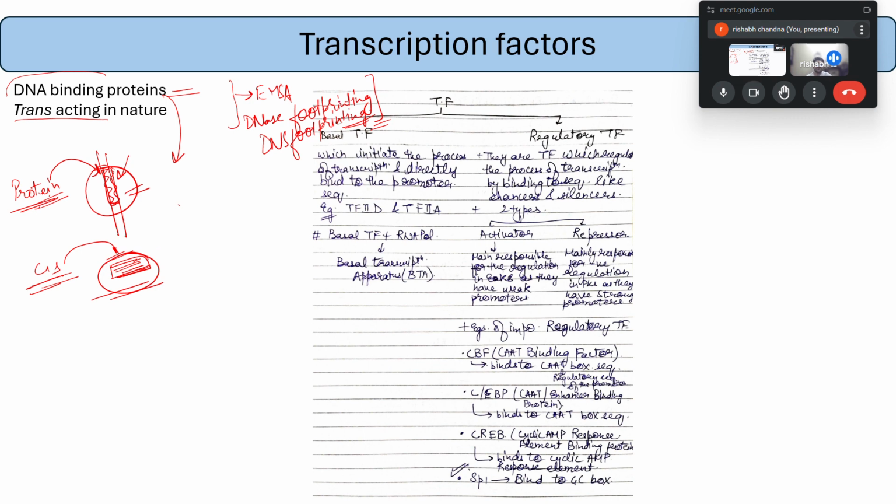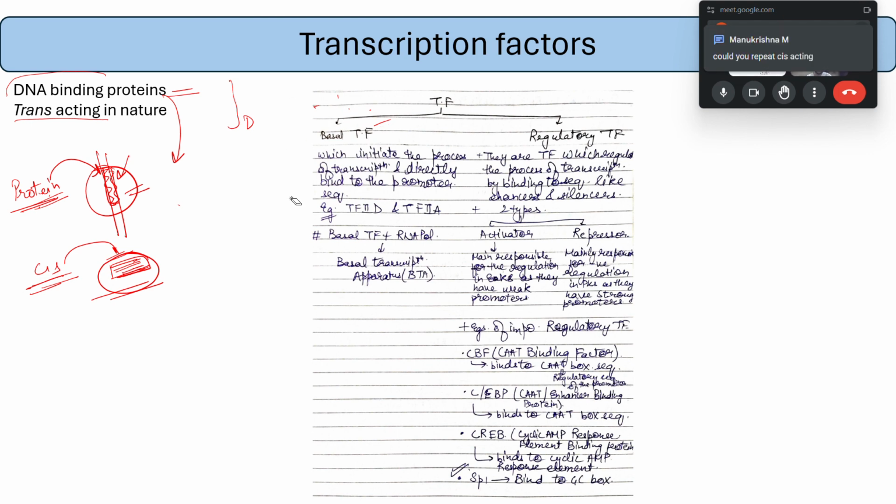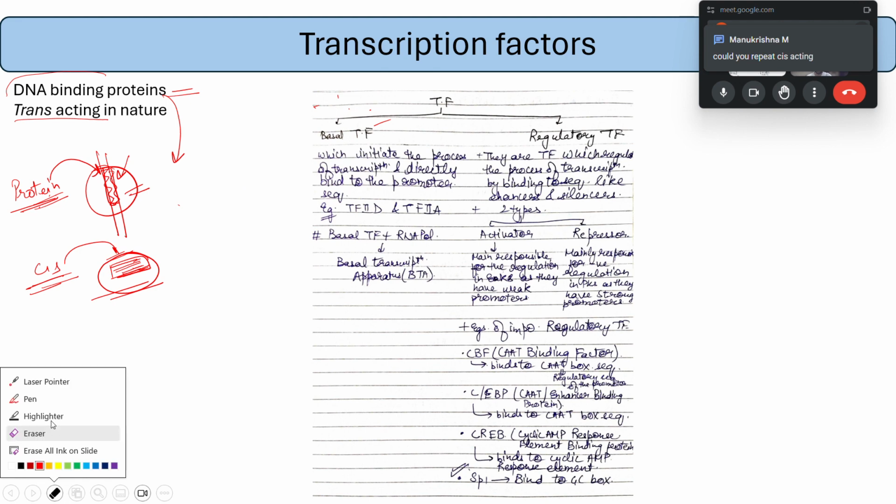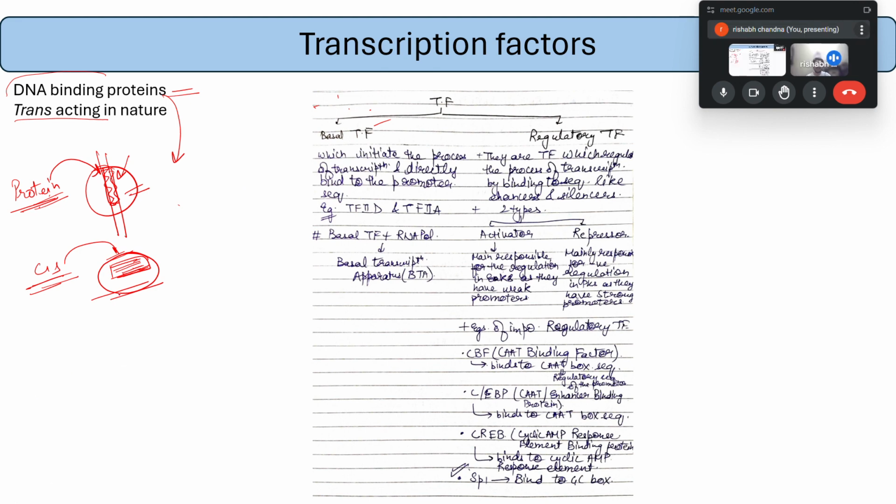Okay, so moving on to the transcription factors. Cis-acting means, for example, it is organism specific. There are some proteins that will only bind to sequences present in the same organism.